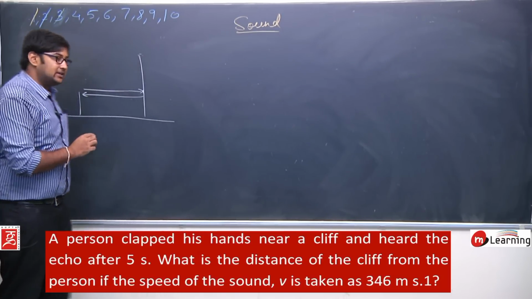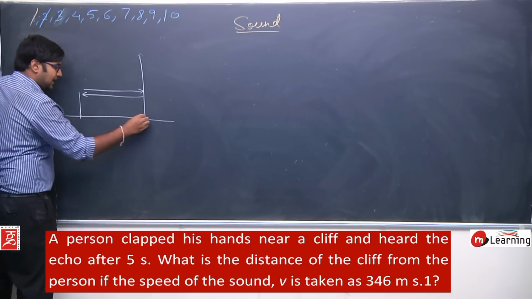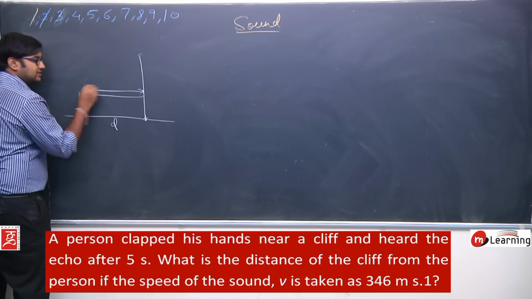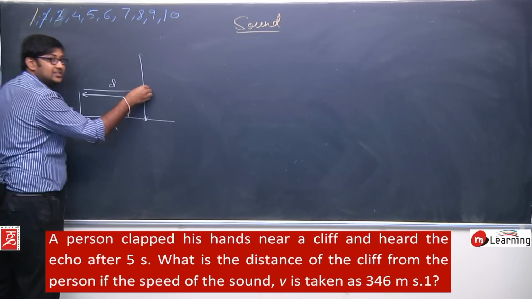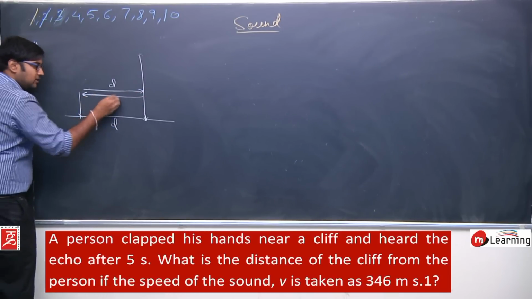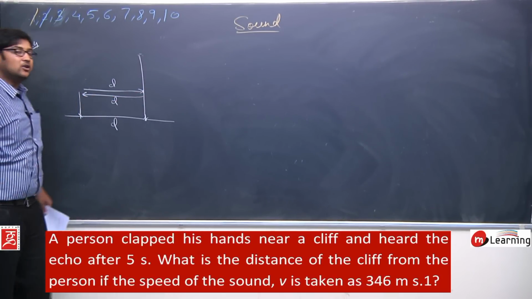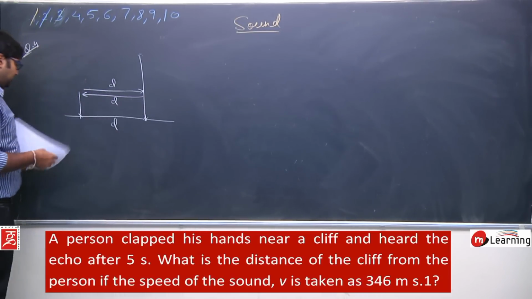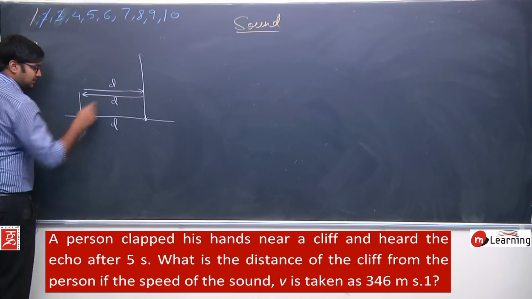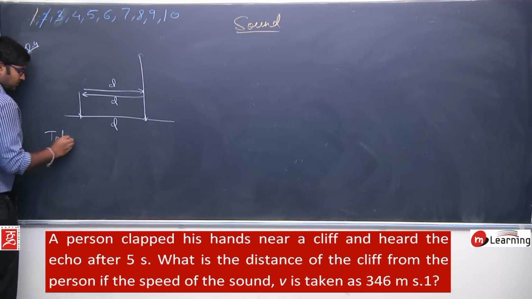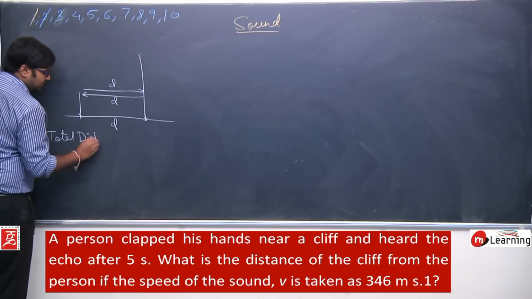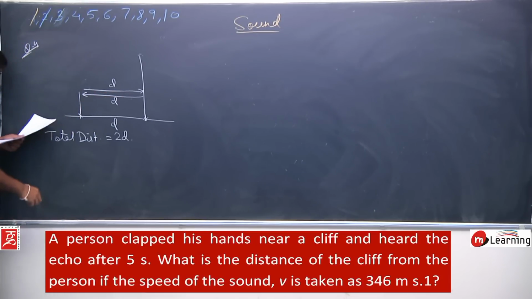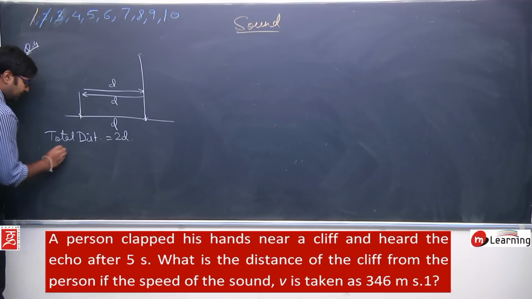So in 5 seconds, if I assume the distance between the person and the hill is d, then the sound has travelled d distance to reach the hill and rebounded back again d distance to reach the ear of this person. So the total distance travelled by the sound is 2d, d plus d.